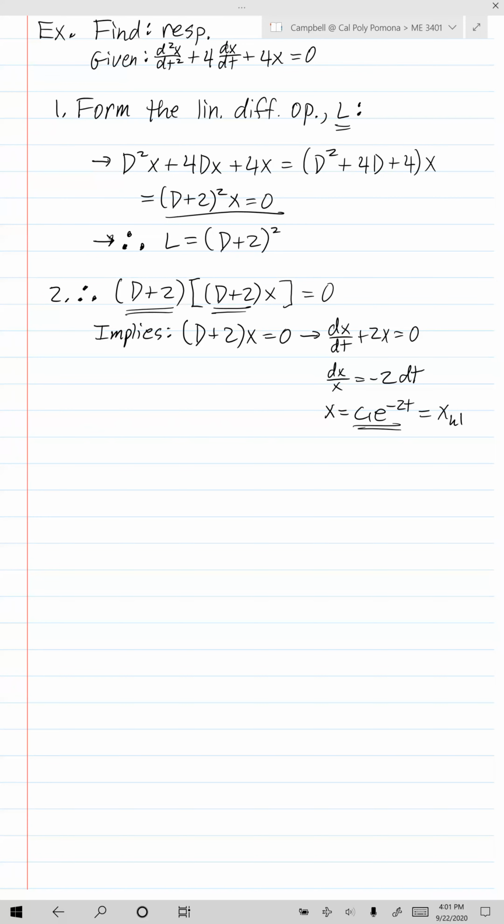But thankfully, what do we have? We have our assumed solution and characteristic equation approach from before. And what do we know?